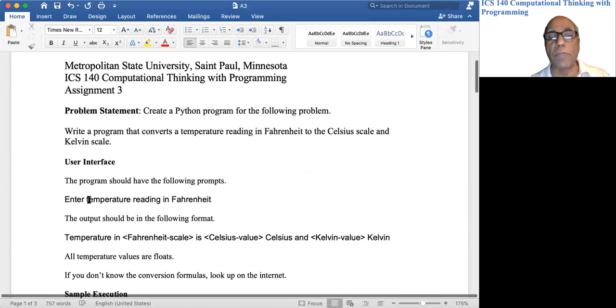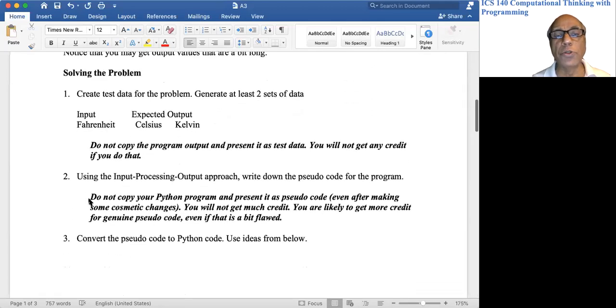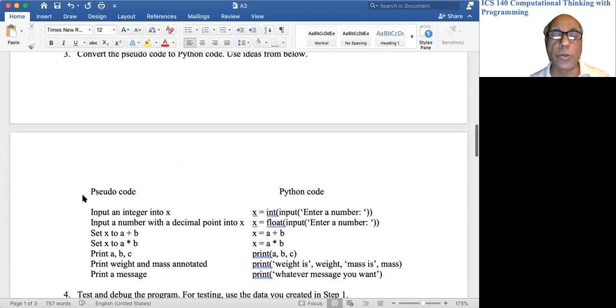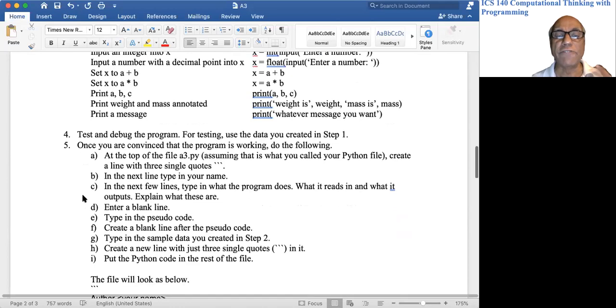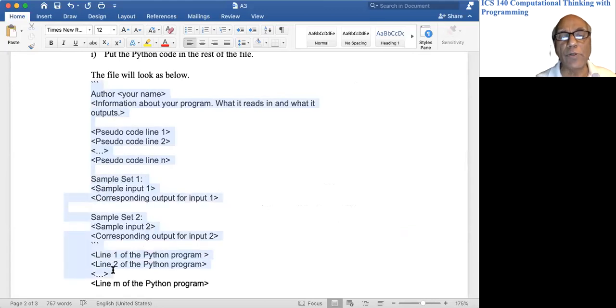I mean, not the problem, but some aspects of the submission. What I want you to do is not lose points for fairly simple things. For example, the file that you submit would be a Python source program.